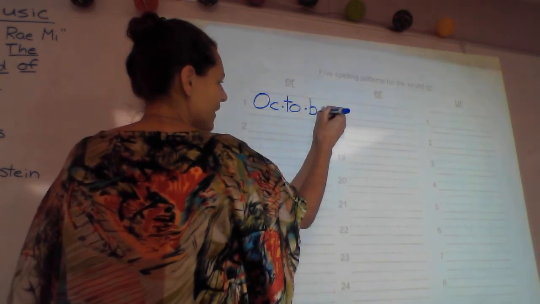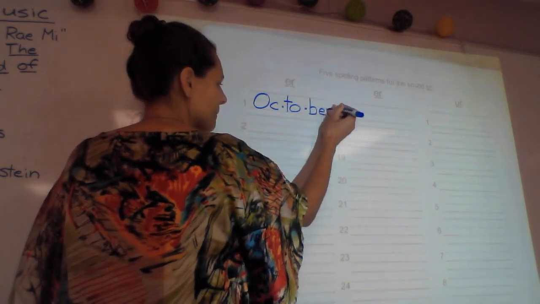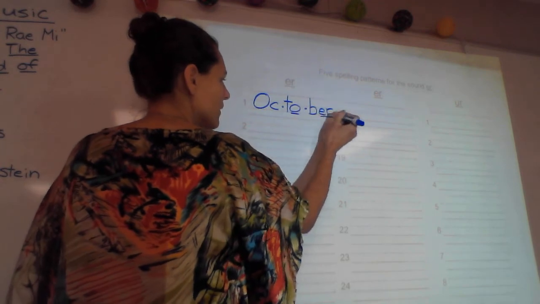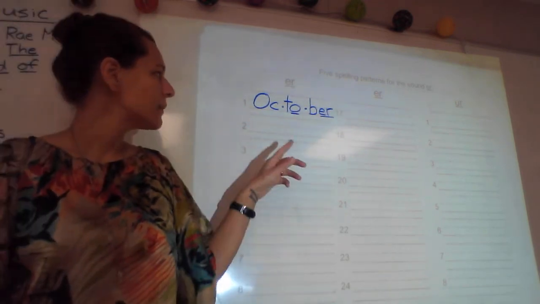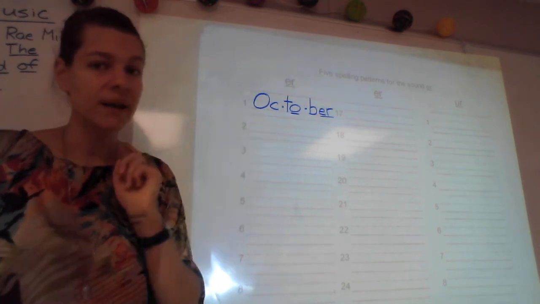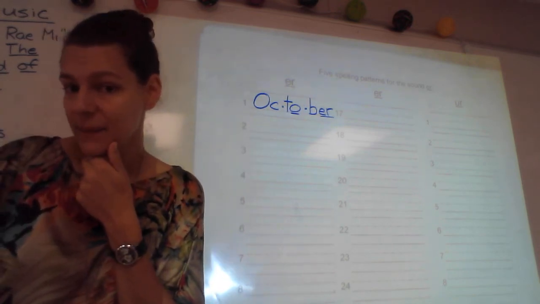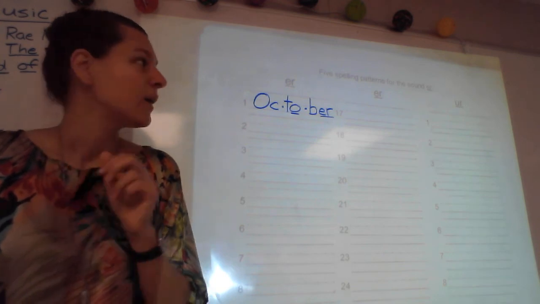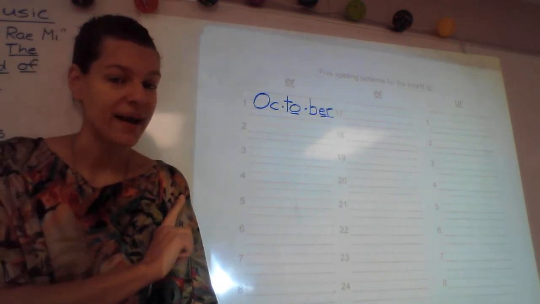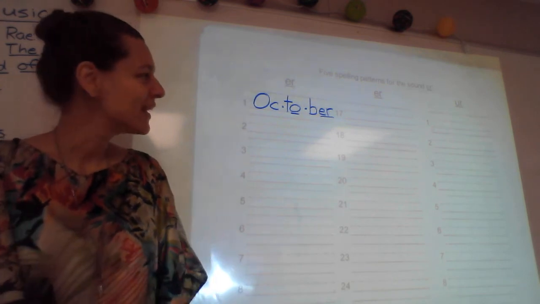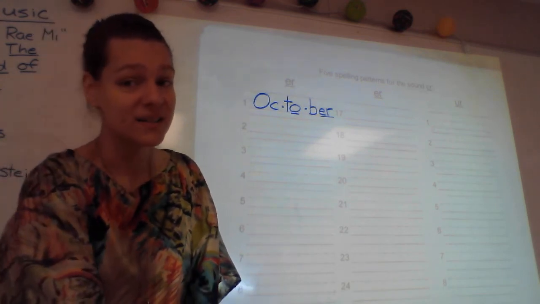Good, the er of her. All right. And for bonus points, we start this with a capital letter because it's what kind of a noun? I know I only said that once, but if you remembered it, it's because it was a proper noun. Nice job. All right, great work with October, class.